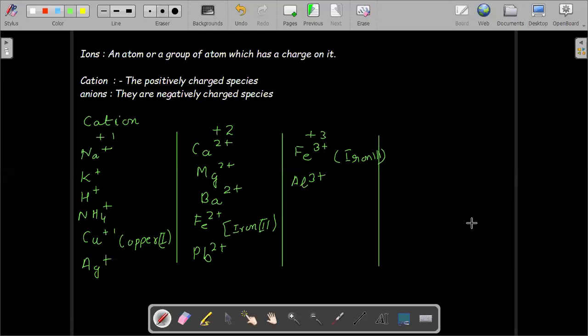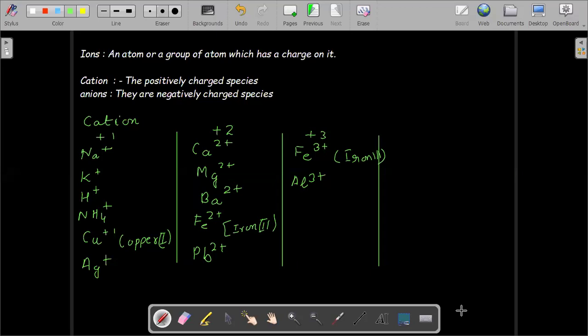Shravan, Rachit. Yes, sir. Okay, so Shravan, just have a look. I'll be asking some of them. You should be able to remember what is the charge of that cation.